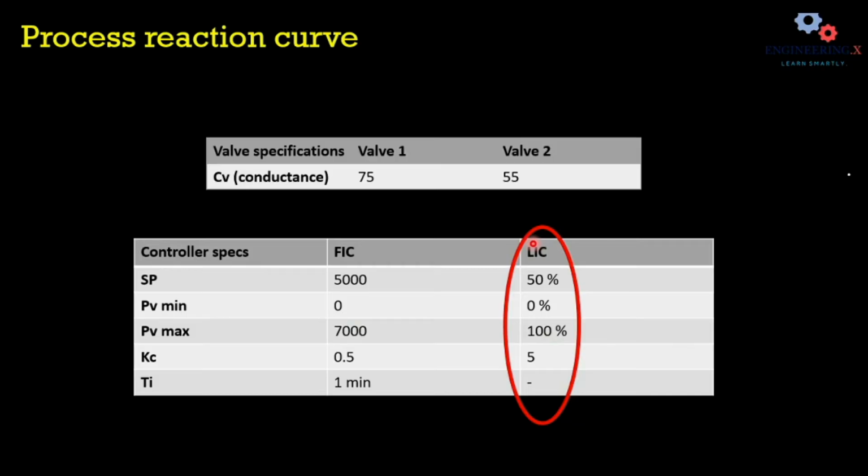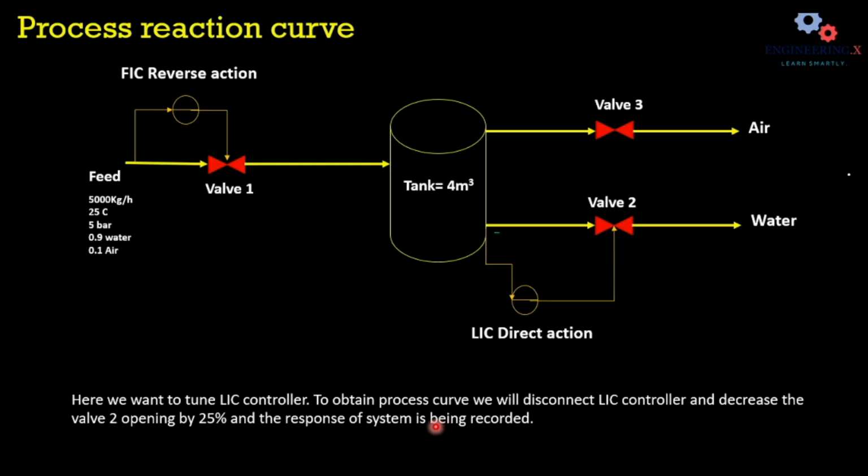After that we will introduce the tuning parameters that we obtained by calculation of the Ziegler-Nichols method, and then we will see the difference between the response of this level indicator controller at the process gain of 5, and with the parameters from the Ziegler-Nichols method. So let's move to the Aspen HYSYS software to build this flow sheet.